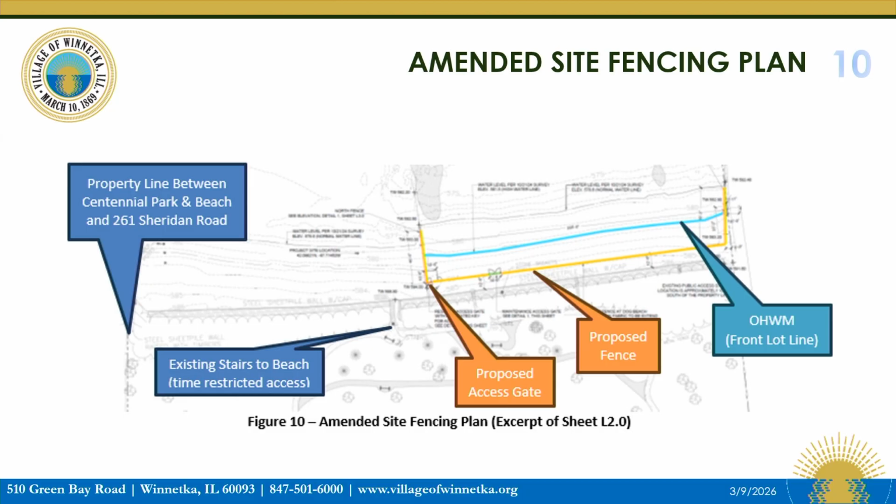The north and south sections of the fence would be attached or mounted to the existing steel groins and enclose approximately 265 feet of frontage of the beach to allow the dogs to be off-leash. This represents a reduction of approximately 50% from the original plan presented to the Plan Commission in terms of the linear footage of beachfront.